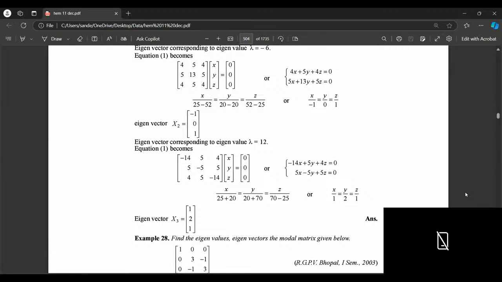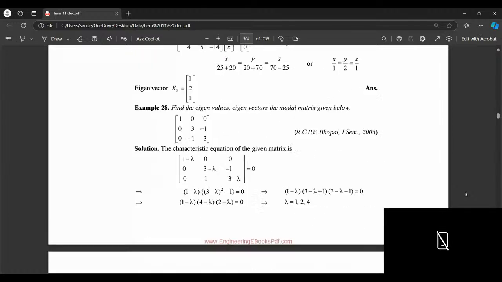You can choose any two equations, and using Cramer's rule, you will get x is 1, y is 2, z is 1. So third eigenvector 1, 2, 1. Again for a symmetric matrix with distinct roots, you will get three different eigenvalues, and by using Cramer's rule for each eigenvalue, you can find the three eigenvectors.